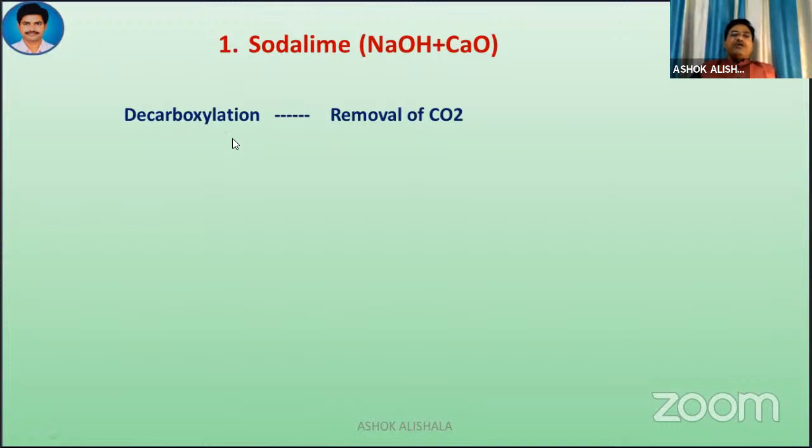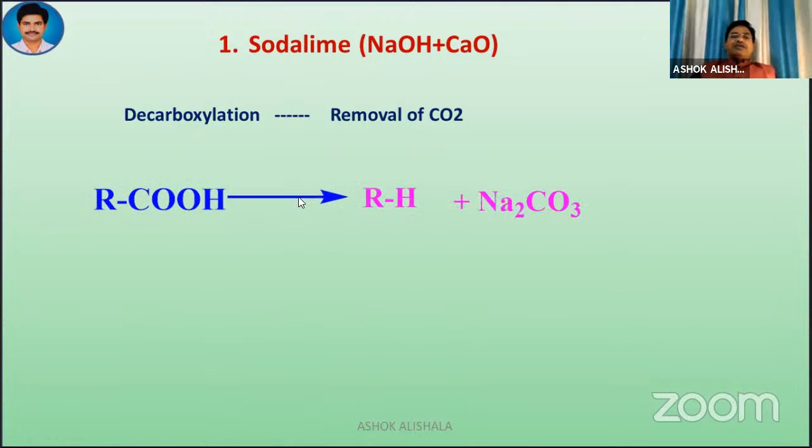D means removal, carboxylation means carbon dioxide. Now see, this is what happens. This is going to be removed, and simply you will get the alkane as the product. In presence of this, the CO2 is converted into sodium carbonate.